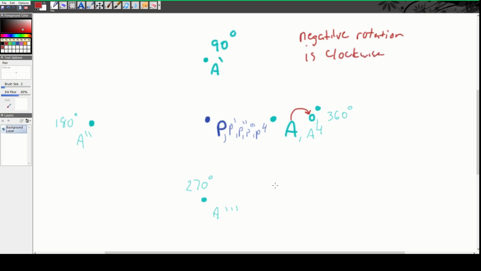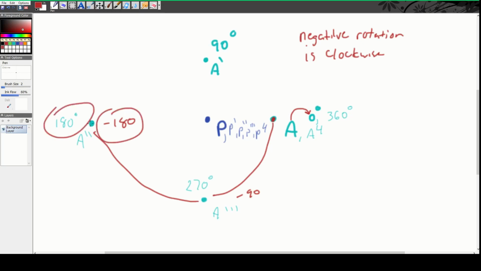So I'm going to go from point A right here, negative 180 degrees. So here to here is negative 90, and from here to here puts me at negative 180. And if I kept going around, it would be at negative 270 and then negative 360. You can see here that negative 180 and 180 land on the same point, and then negative 360 and 360 also land on the same point.